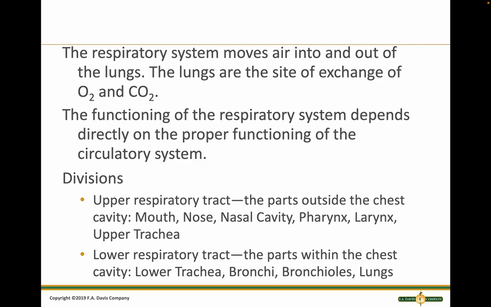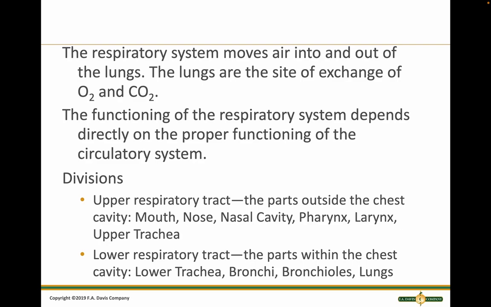And then the lower respiratory tract includes the rest of the trachea, so the lower part of the trachea, the bronchi, the bronchioles, and then the lungs, or you can think of it as the alveoli, which are the sacs where the air is exchanged. Remember that, except for the alveoli, most of these are tubes.